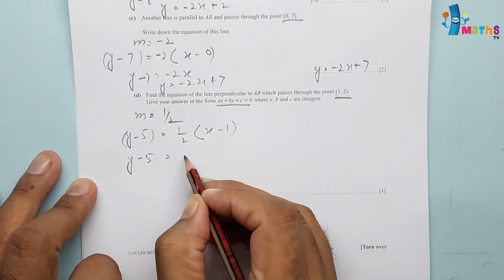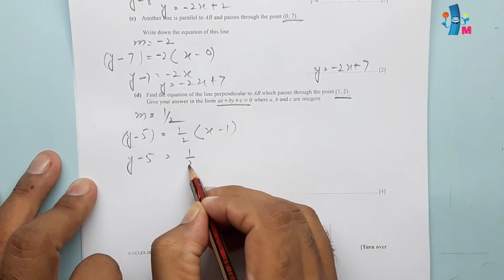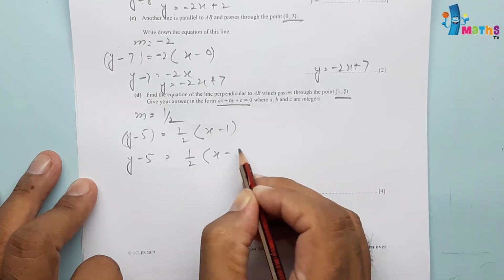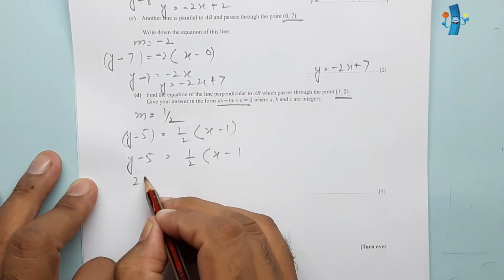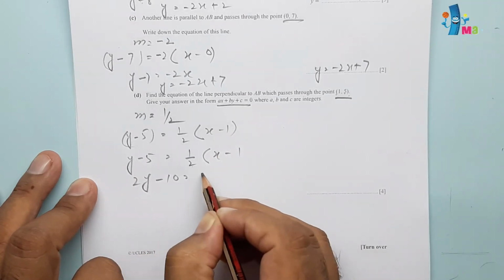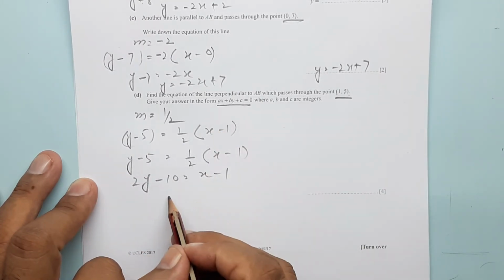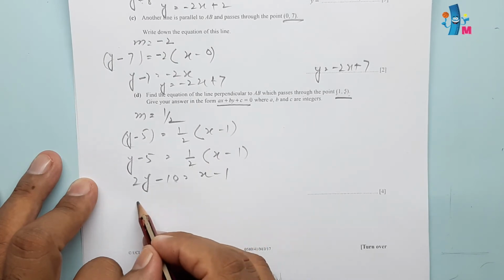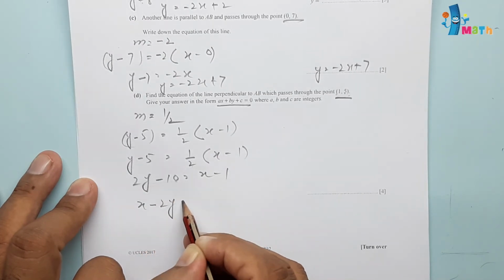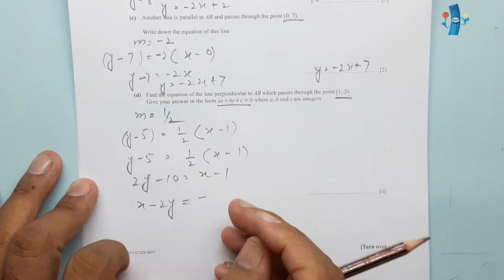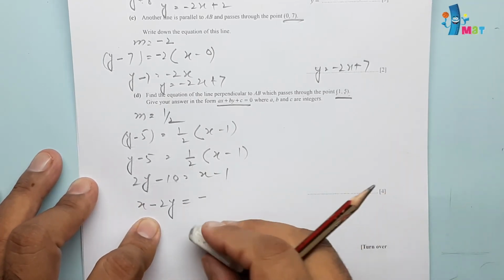y minus 5 is equal to 1 by 2 into x minus 1. We can shift the 2 to this side. So 2y minus 10 is equal to x minus 1. Now we can rearrange. We can shift these to this side. So x minus 2y is equal to minus 1 plus 10.